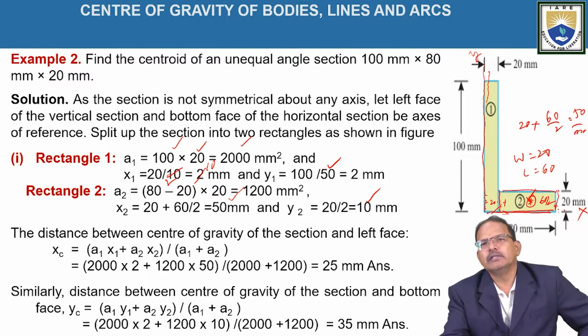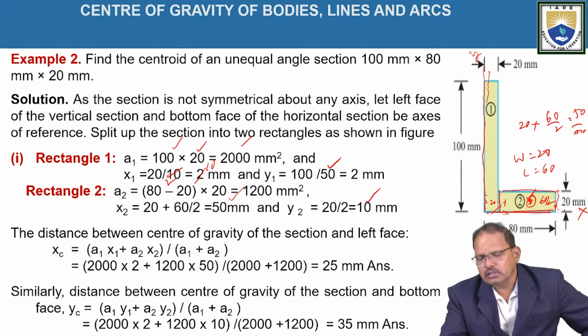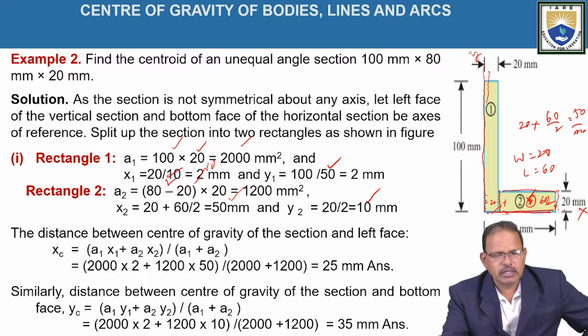So first you determine the area of the first rectangle and the x1, y1 position. Similarly, for the second rectangle also, we have to determine the area as well as the x2, y2 positions with respect to the x-axis and y-axis as the reference axes, as shown in the figure. Now, according to the fundamental equation, xc is equal to a1 x1 plus a2 x2 divided by a1 plus a2.